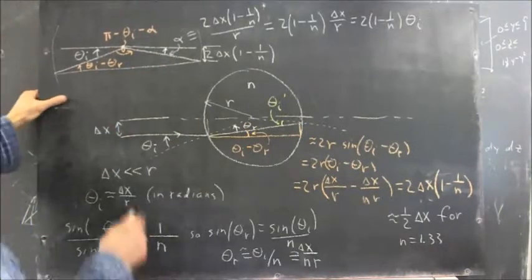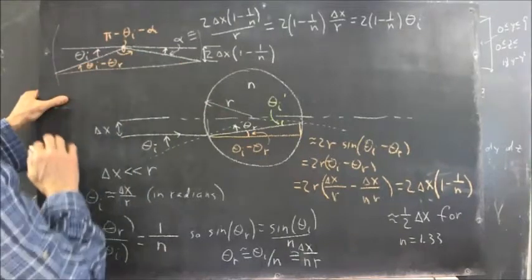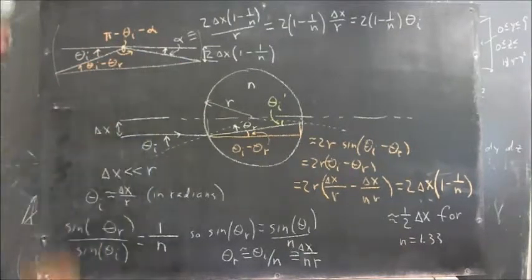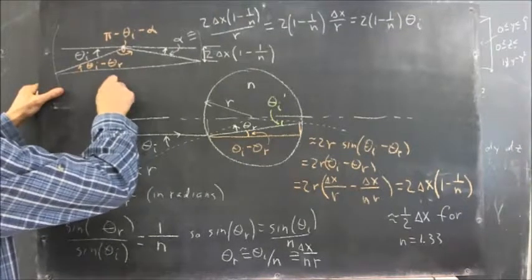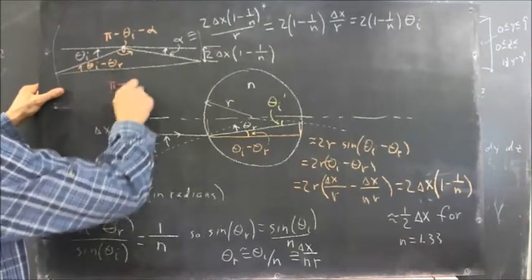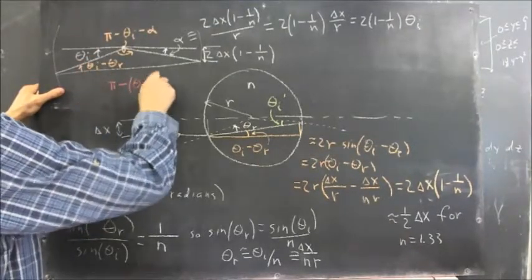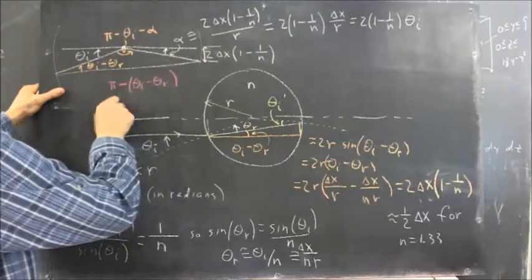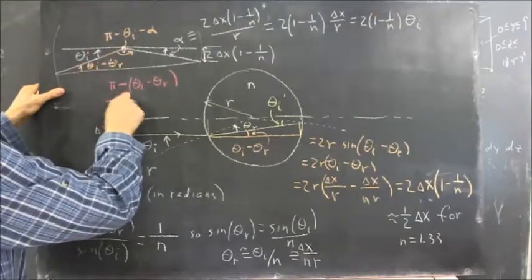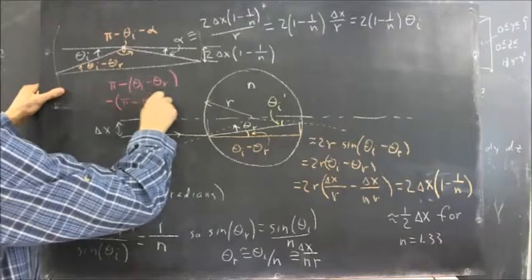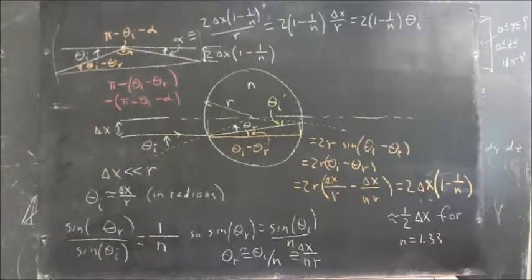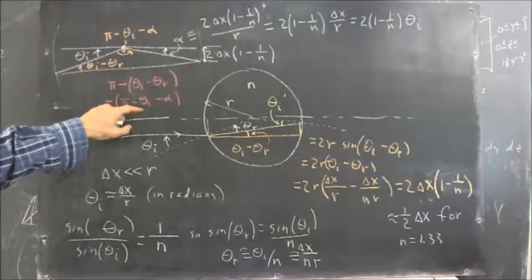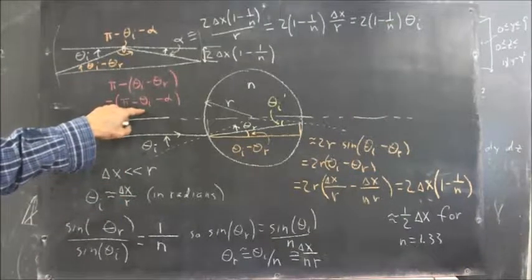Okay, so what's this angle going to be? The three angles of the triangle add up to pi. So it's going to be pi minus this angle, that's theta I minus theta r, minus this angle, which is pi minus theta I minus alpha. Now the pi's go away. We have a minus theta I and a plus theta I, that goes away.